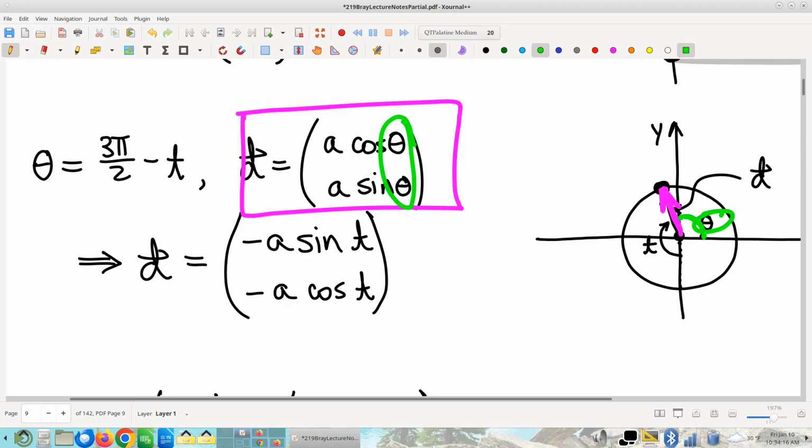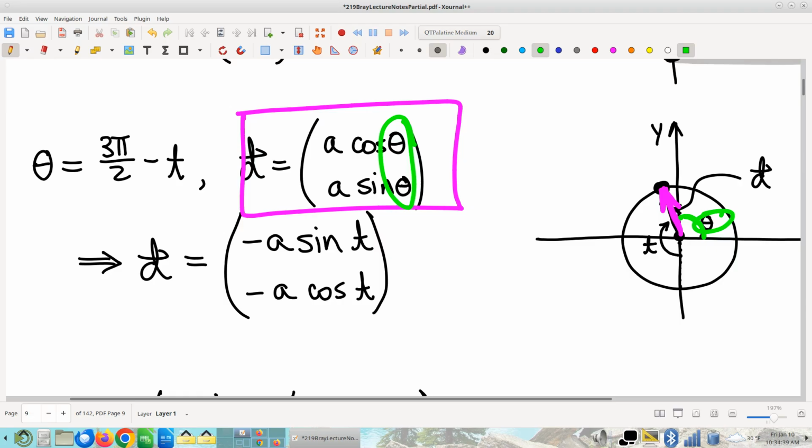Some people define sine and cosine in terms of triangles. I think that's a mistake. It's easy on the first day of trig class, but it's ultimately in the long run not as useful as thinking about sine and cosine in terms of circles, unit circle in particular. So this being a circle of radius A, we get that formula for the D vector.